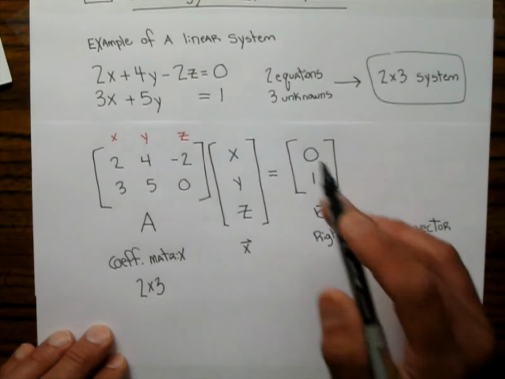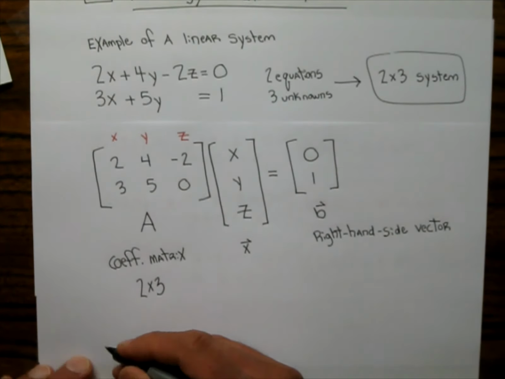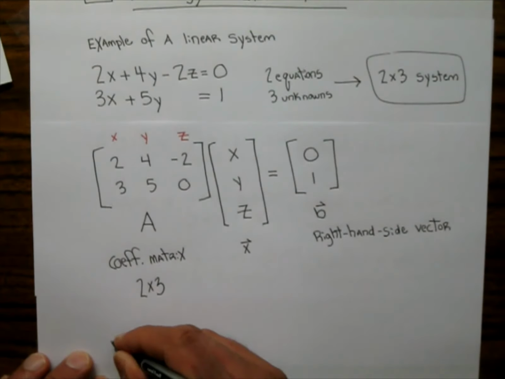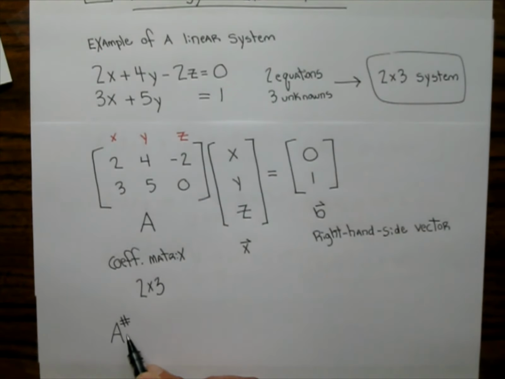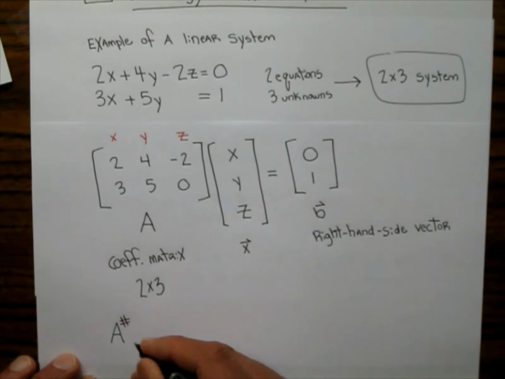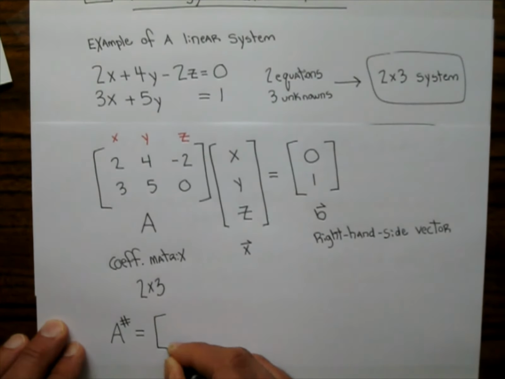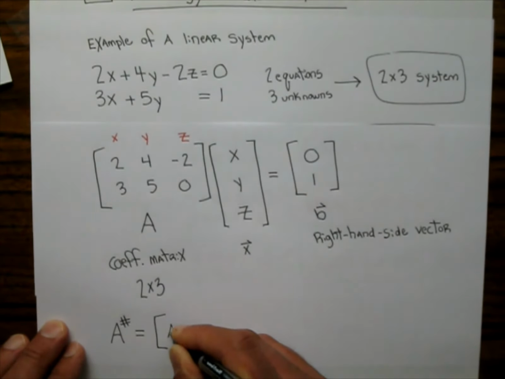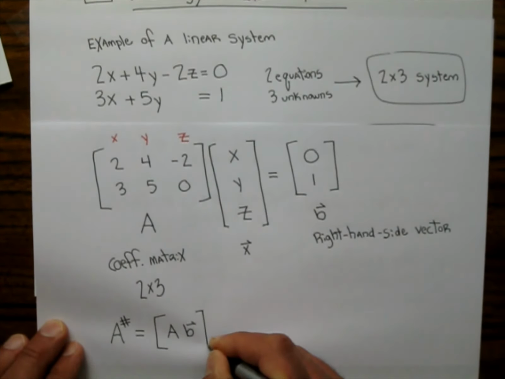Okay, another thing that we want to introduce to you is this guy right here. So we have A, and then there it looks like an exponent, like that number sign or pound or hash or whatever. And so what this happens to be is A and then b. Now this right here is a concatenation.